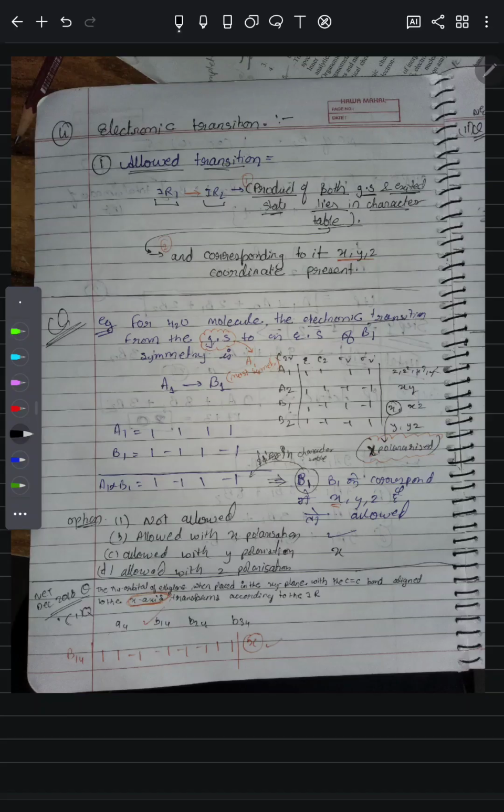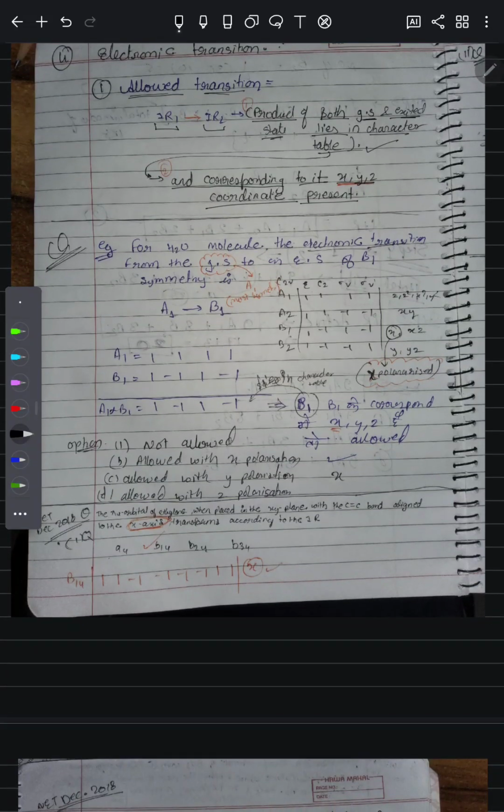And the second condition is that the corresponding x, y, z coordinate must be present in the character table. Only then is the molecule said to have an electronic transition.